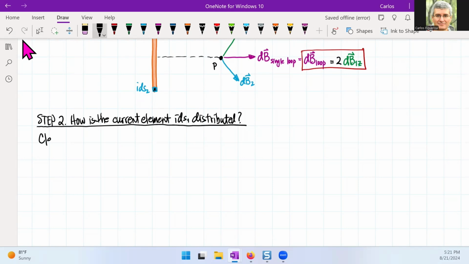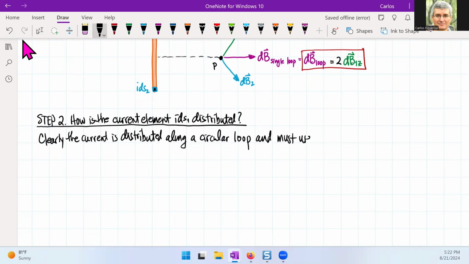So I'm going to say that clearly the current is distributed along a circular loop, and must use the arc length to define it.